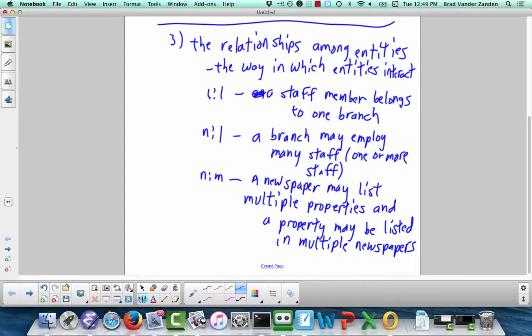Okay, so each side of it can have multiple occurrences of that entity on it.